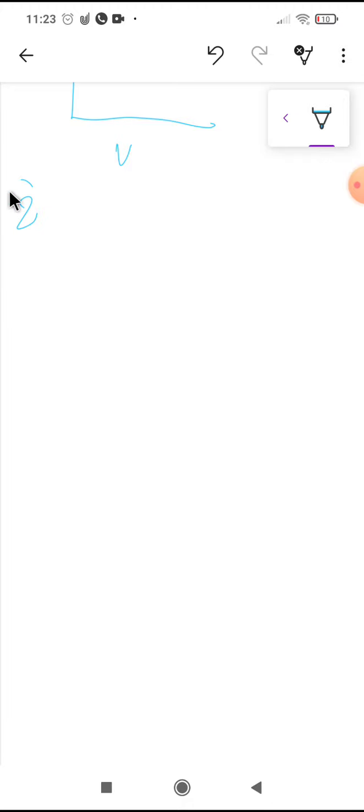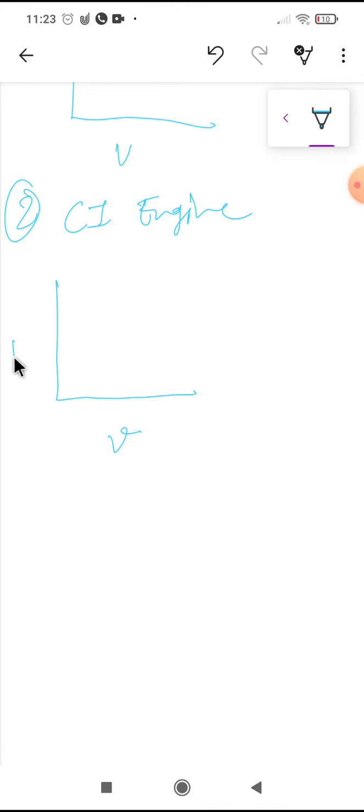Now we will see the second, for CI engine, that is the compression ignition engine. I will just draw the graphs again. So similarly with speed, and here the parameters: first I'm drawing brake power, and this is BSFC.